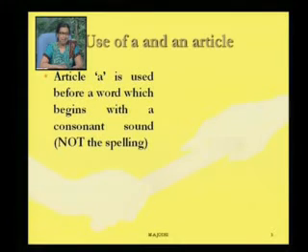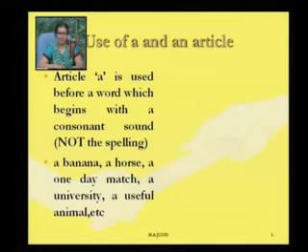Article a is used before a word which begins with a consonant sound, and not the spelling. Now what is a consonant sound? K, kh, l, all these are consonant sounds, but we should take care that these sounds are not of the spelling, they are of the pronunciation.